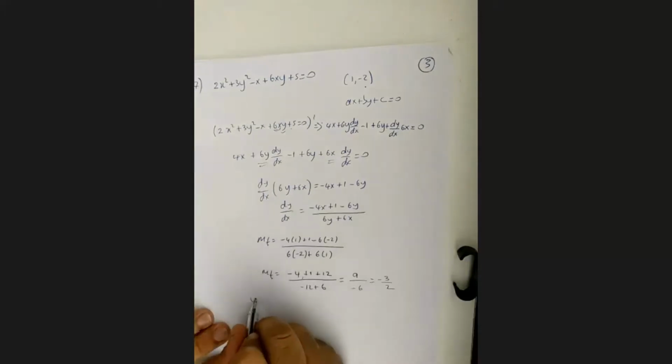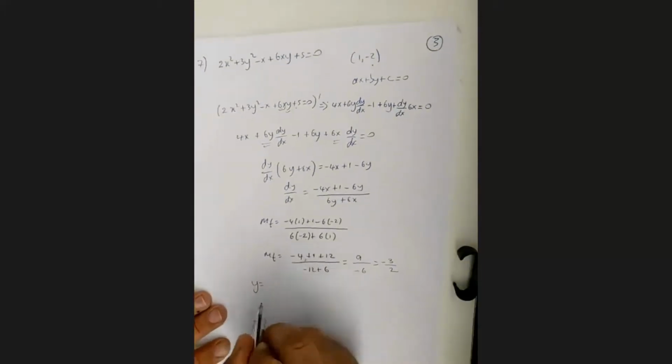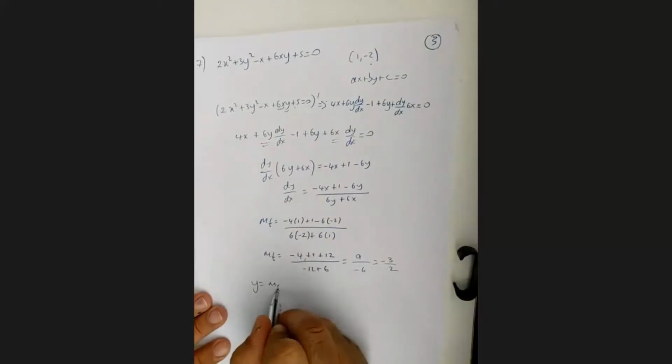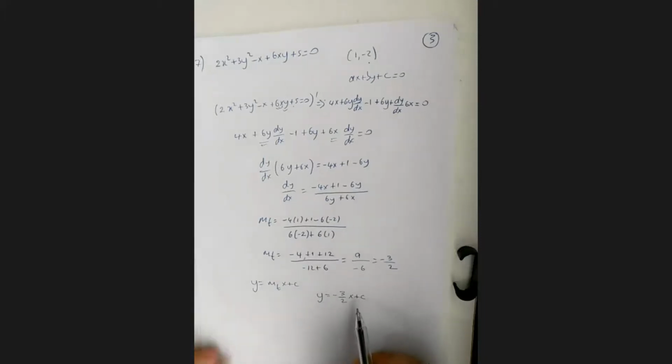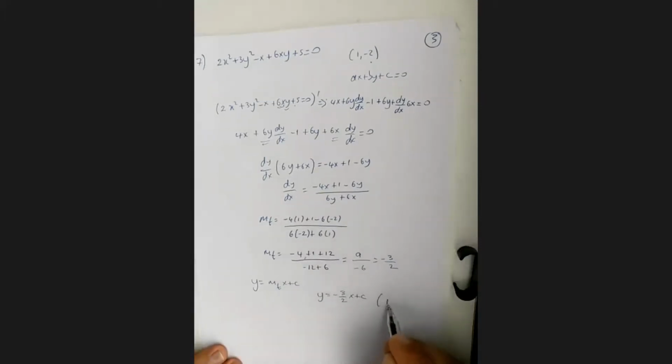So the equation of the tangent line is going to be y = mx + c. Let's substitute m tangent there. y is equal to minus 3 over 2 x plus c, which passes through the point (1, minus 2). Minus 2 is equal to minus 3 over 2 times 1 plus c.